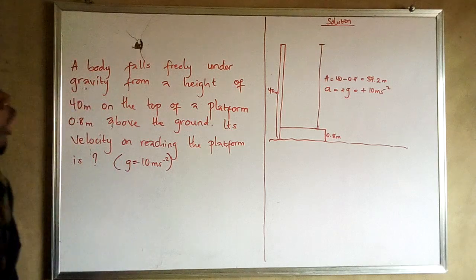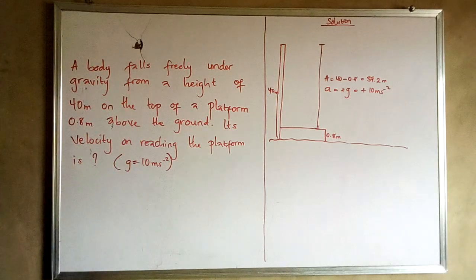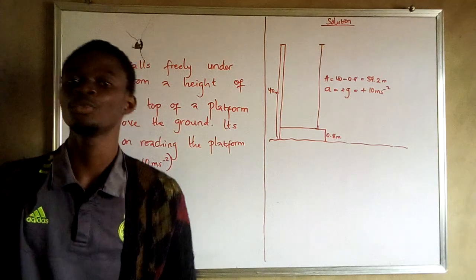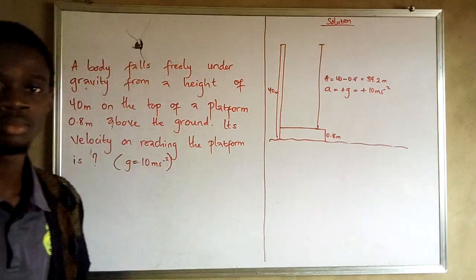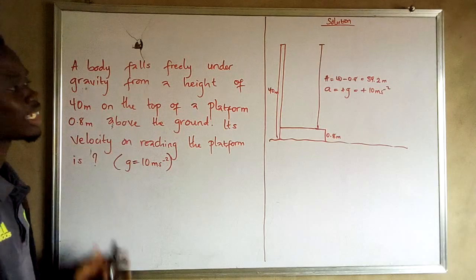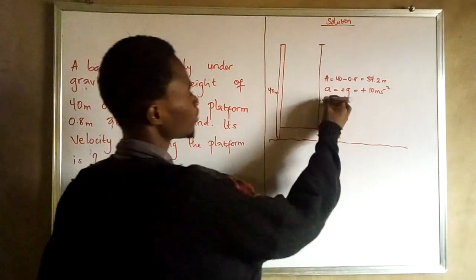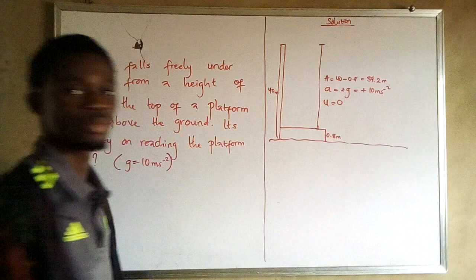In this case, the object falls freely under gravity from a height. That is, initially the object was at rest before falling freely under gravity. So since the object was at rest initially, we consider our initial velocity here to be 0.